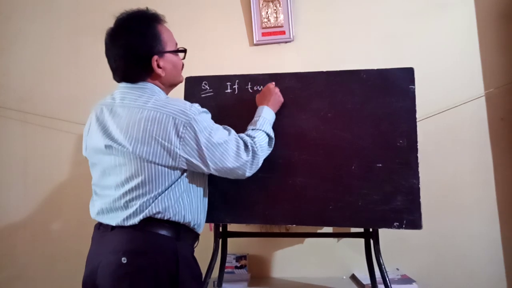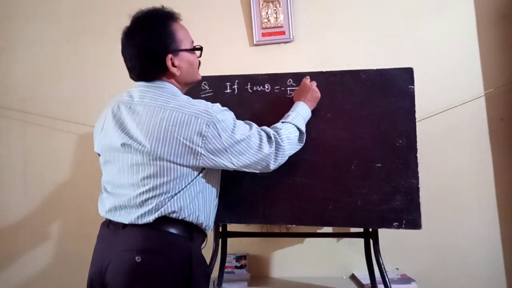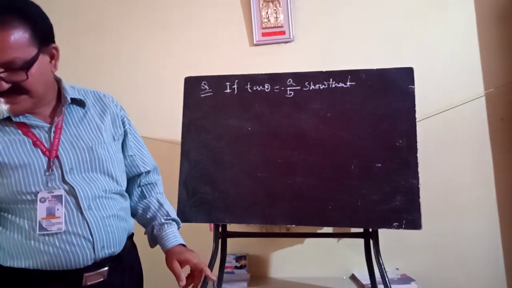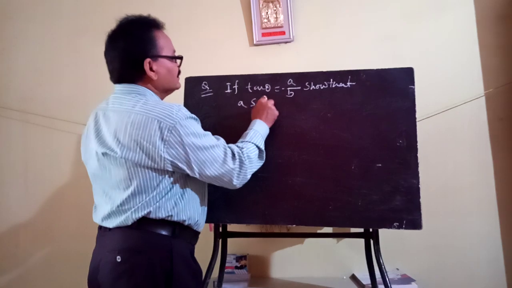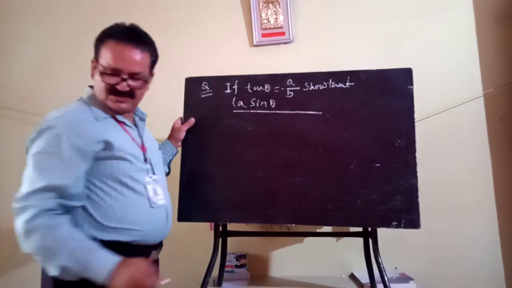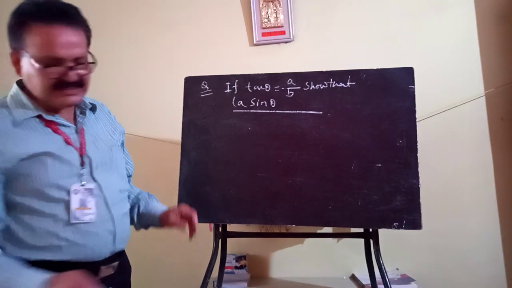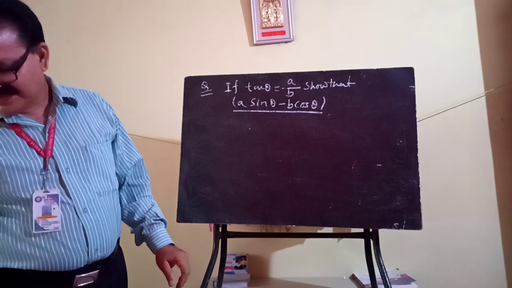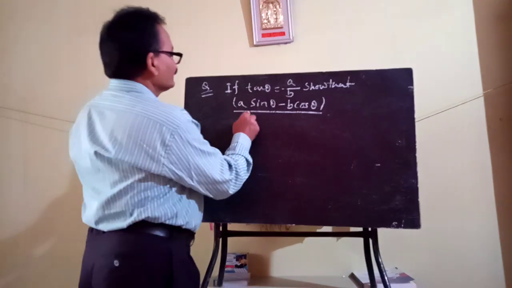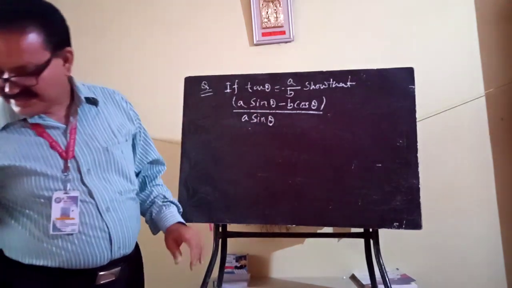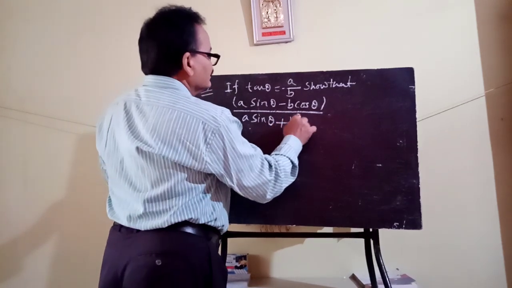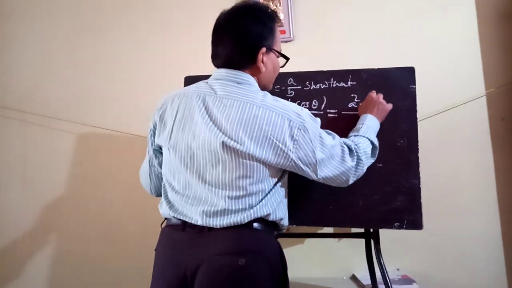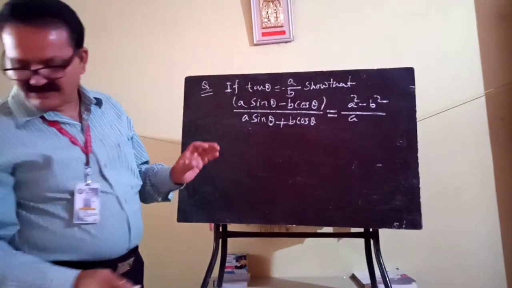If tan theta equals A by B, then show that (A sin theta minus B cos theta) by (A sin theta plus B cos theta) must be equal to (A square minus B square) by (A square plus B square).